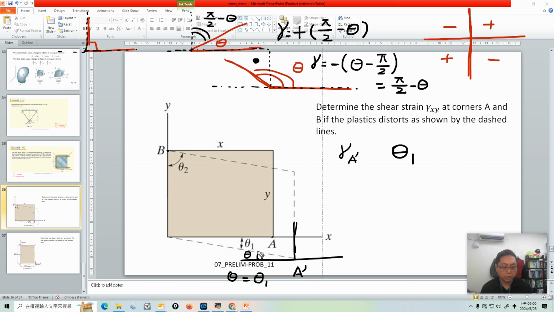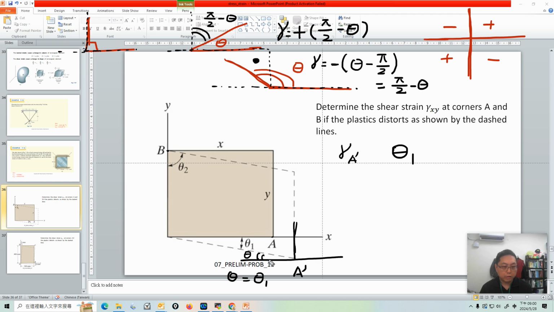The angle change is theta here. Initially this is horizontal, but after deformation it becomes tilted. So the angle change is theta, equal to theta 1. This is your shear strain.